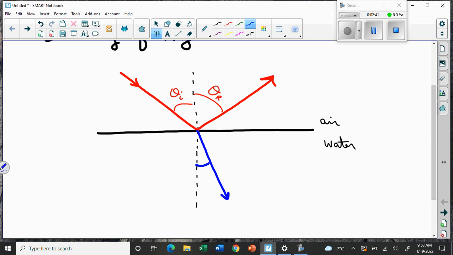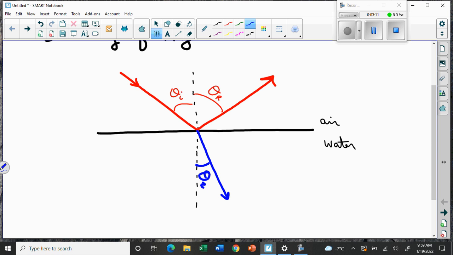This is a very different angle, the angle of refraction. Now the problem is that reflection and refraction both start with R, so we can't call it theta R. We have to call it something else, right? We could call it anything we want. Let's call it theta 2, just so it's different. It's important to realize, though, that it's a different angle than this one up above. And that represents the light that goes down into the water.